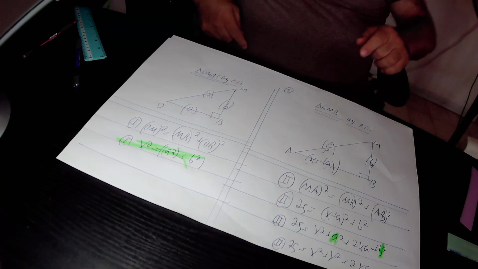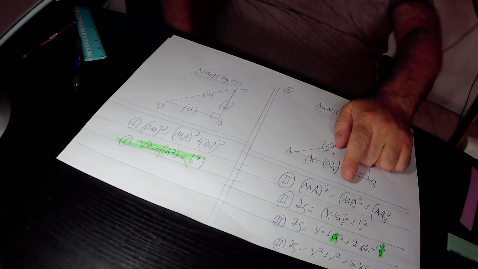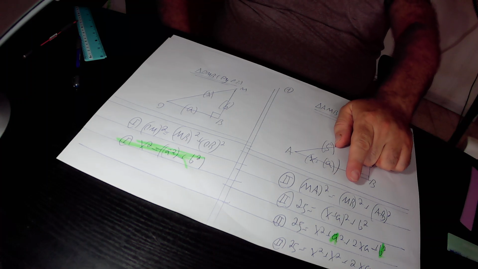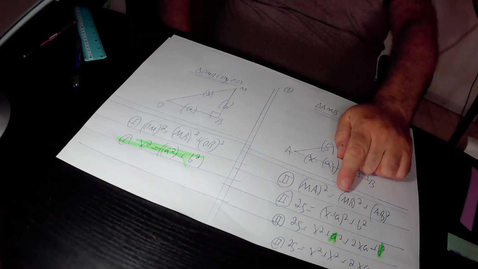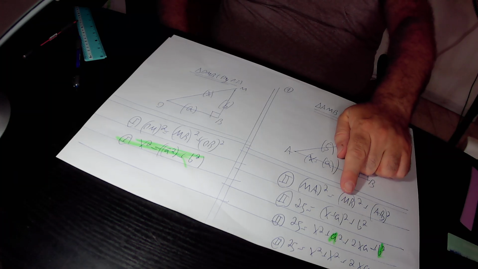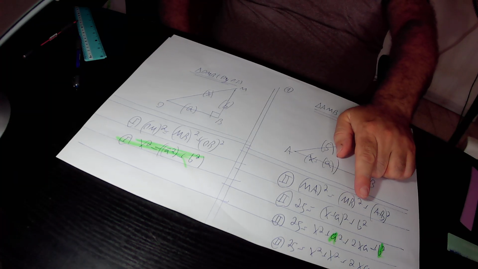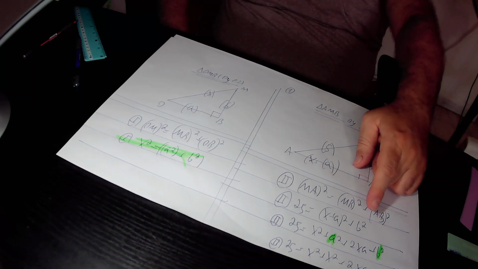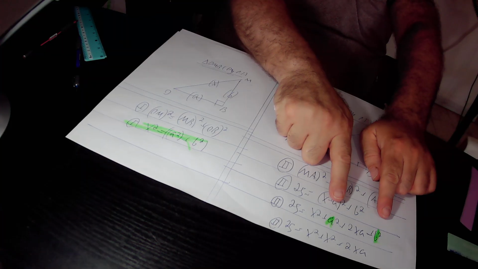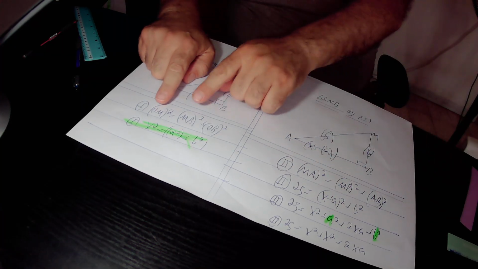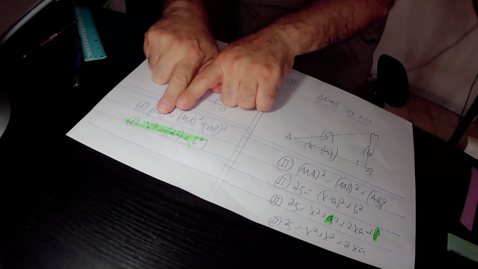So in total, according to equation 2, 25 equals x plus a squared plus b squared. x plus a squared equals x squared plus a squared plus 2 times a times x. Here, in this side of equation 2, we have the expression a squared plus b squared. But according to equation 1, a squared plus b squared equals x squared.